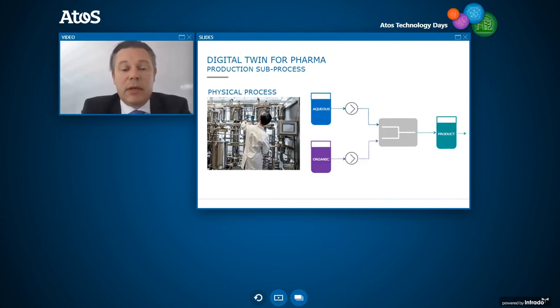Now, what is it that we actually did? Let's start with the actual physical process. Here we looked at the part of the process where we really combine the different chemical fluids. This is a very critical moment of the production process where the fluids mix to create basically a part of the vaccine.